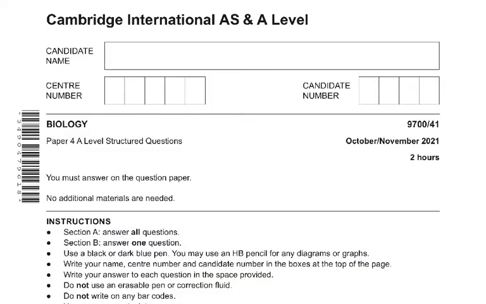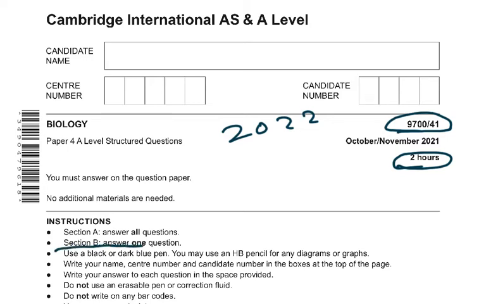Now the first thing to notice is that the time has remained the same for the 2022 exam, but one thing has changed. There's no section B. Section B has been removed, so it's only going to be section A. There are going to be no essay questions.